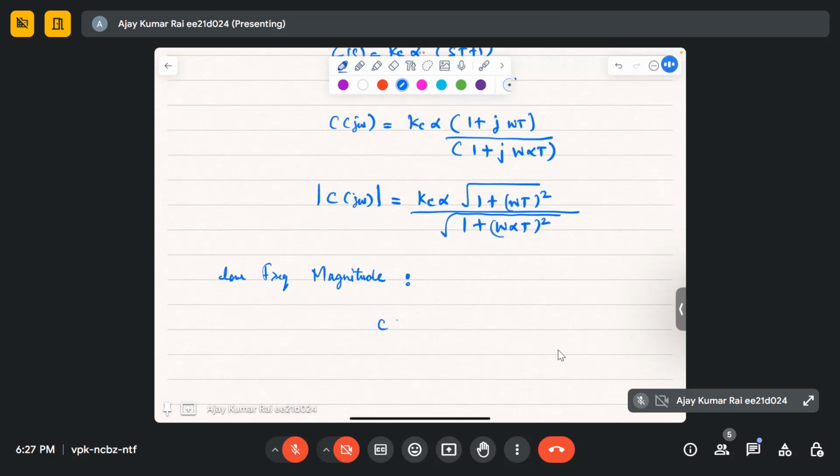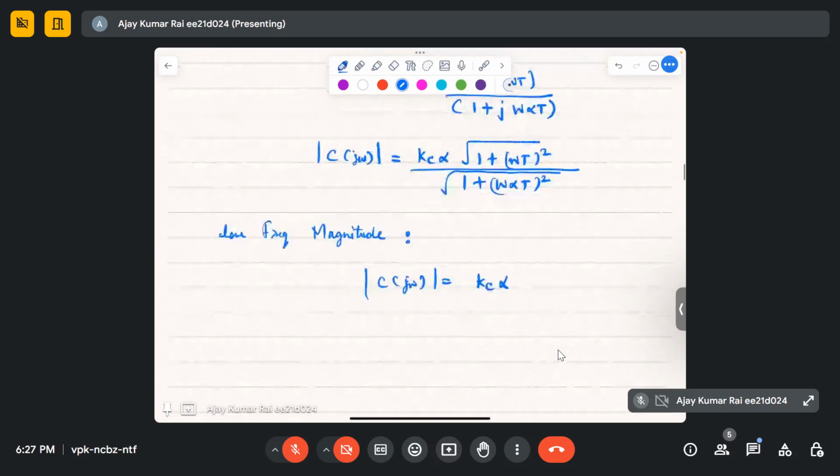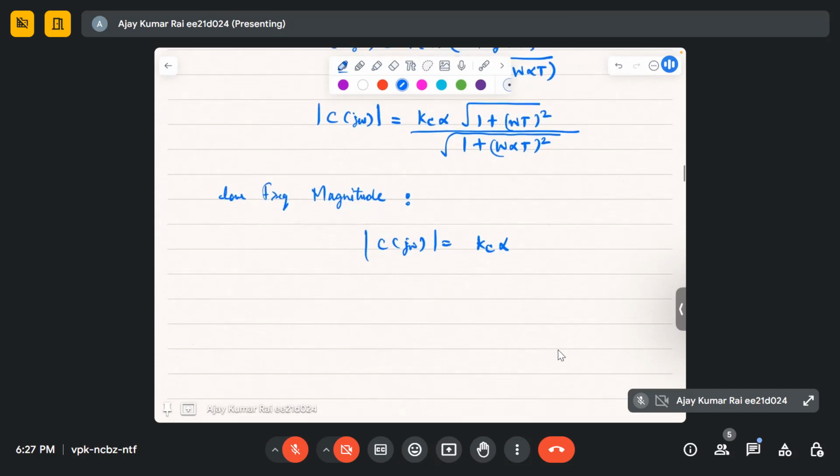In this case, what you'll get is only Kc into alpha, because here we are neglecting omega t with respect to 1, and in the denominator also we are neglecting that.